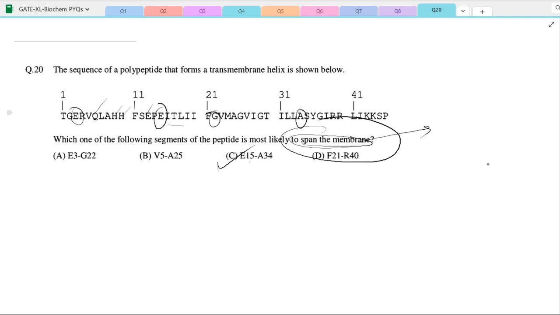These are all charged amino acids, and likely they cannot span the membrane. Similarly, if you look at V5 to V25, and also F21 to R40, you will encounter these. So if you go by the deduction method, it is easy to do. However, there are also many theorems that can help you solve this, but I prefer this particular way because it's pretty easy to avoid mistakes. So the correct answer here is option C.